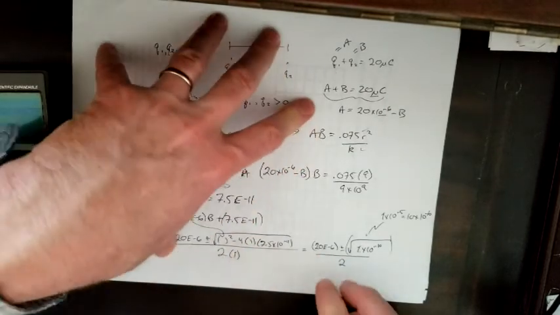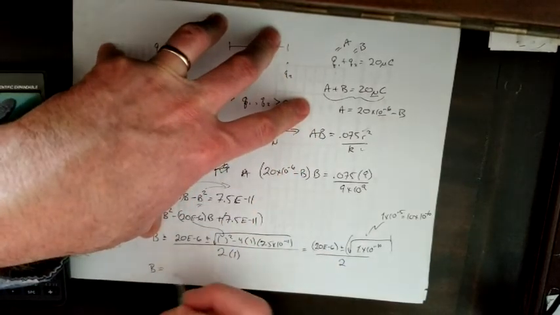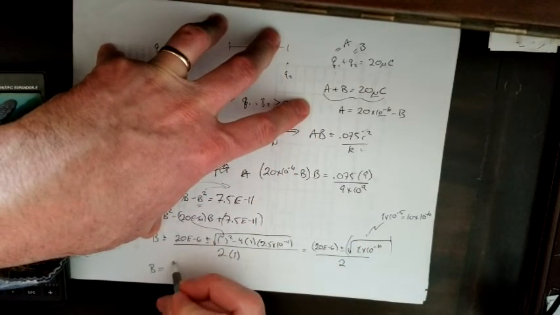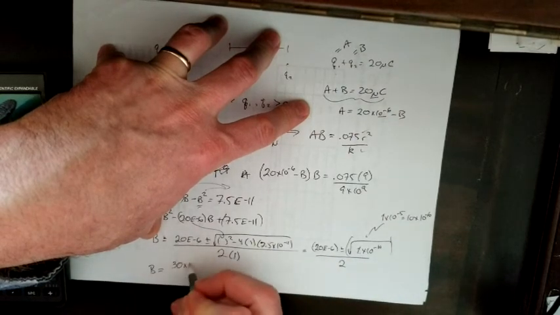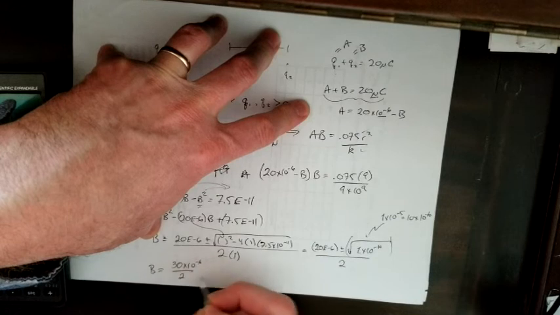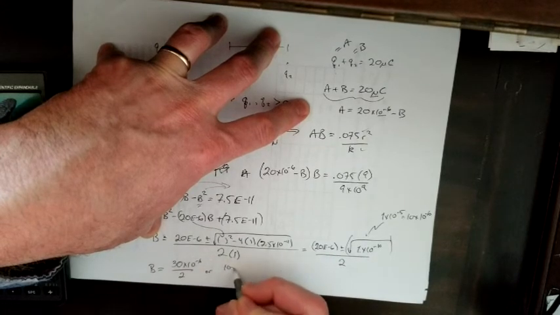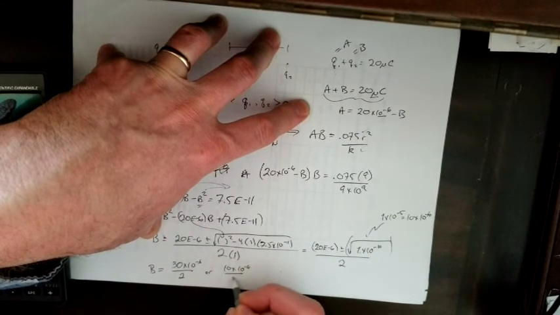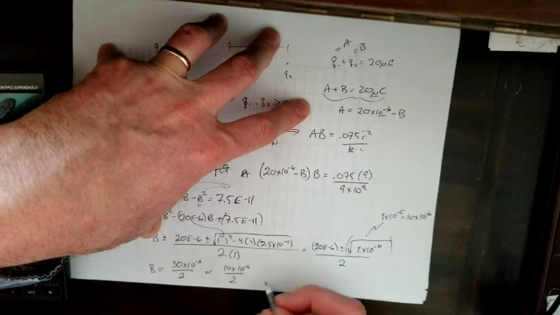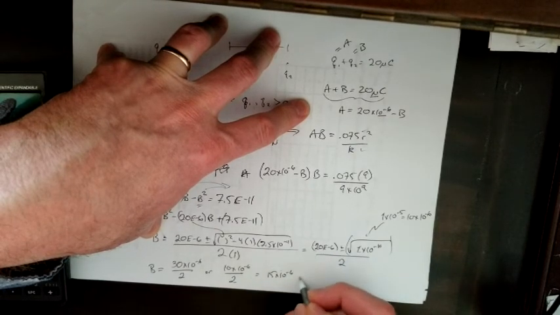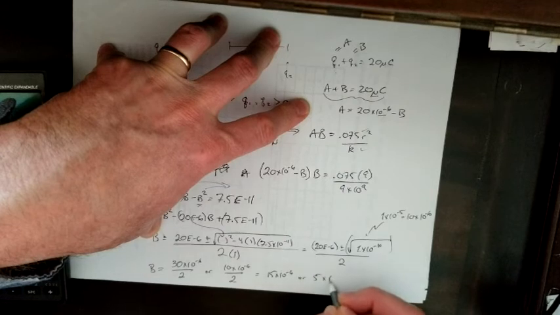So I end up with b is 30 times 10 to the negative 6 over 2, or 10 times 10 to the negative 6th over 2. Which is 15 times 10 to the negative 6th, or 5 times 10 to the negative 6.